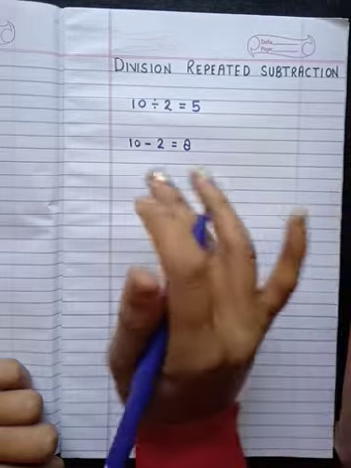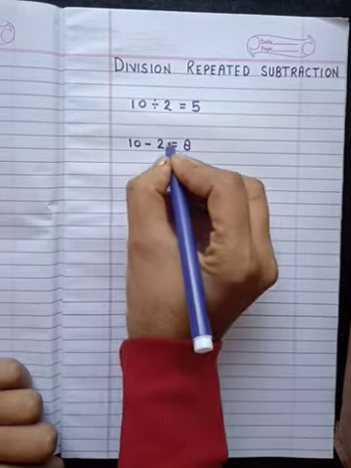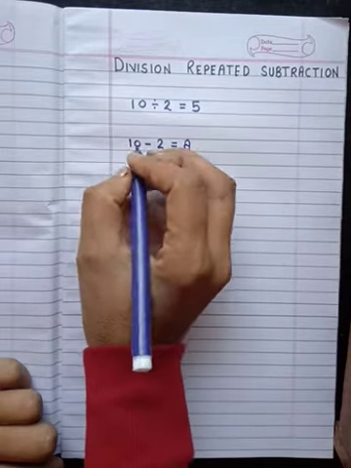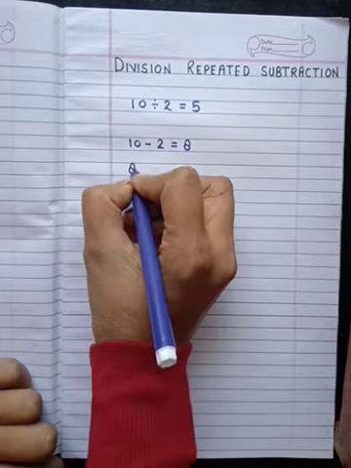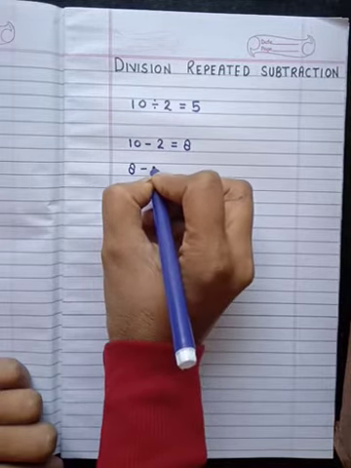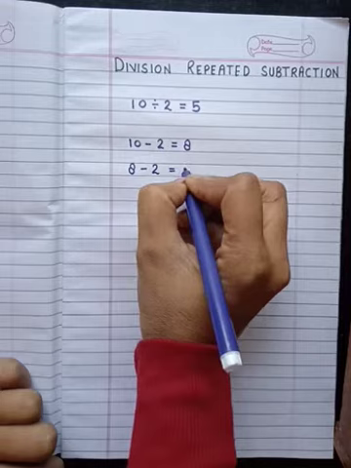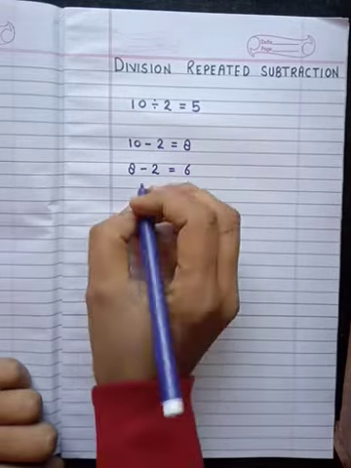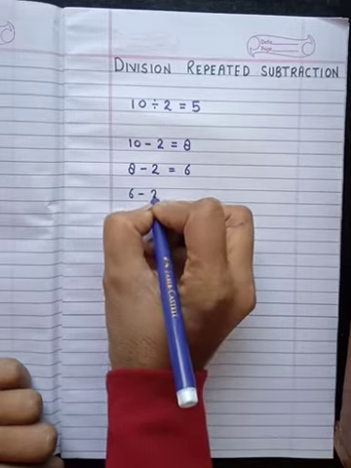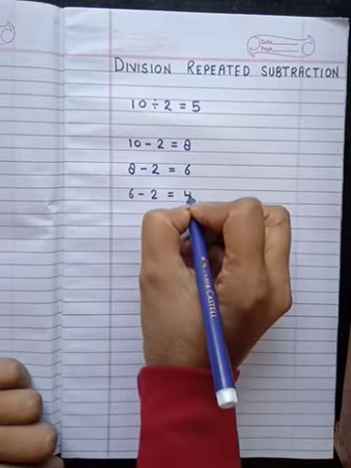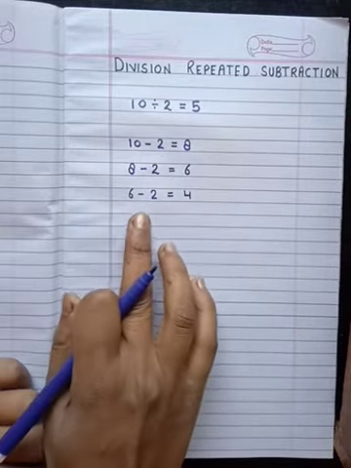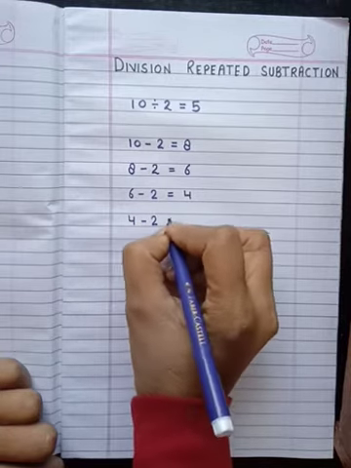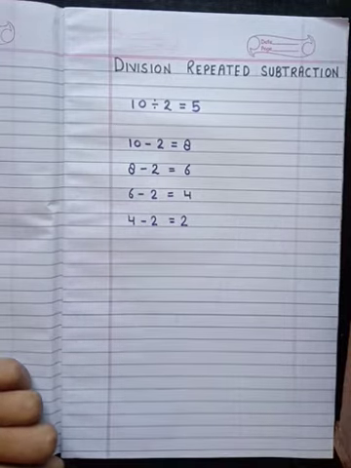Let's see. 10 minus 2 is equal to 8. Now 8 will come over here. So 8 minus 2 is 6. Then this 6 will come over here. Okay, so 6 minus 2 is equal to 4. Now this 4 will come over here. 4 minus 2 is equal to 2.